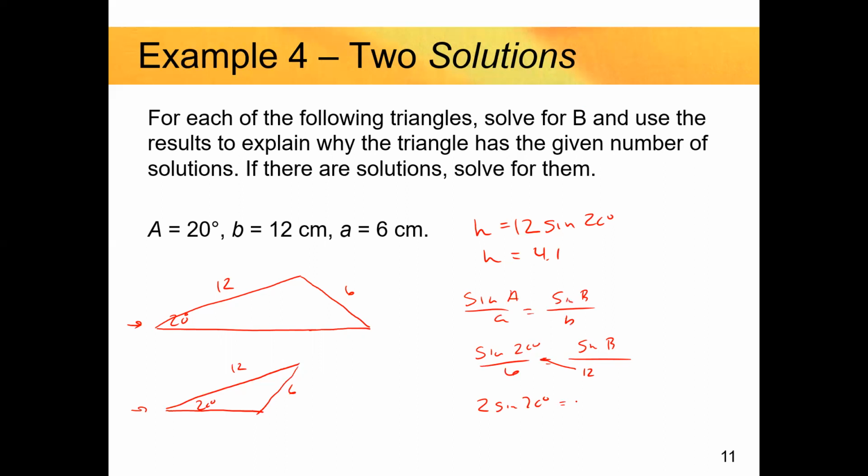Wait, so this is for the first one, right? I'm going to see what the law of sines gives me. 0.6-ish, right? Then let's do sine inverse to give us angle B.